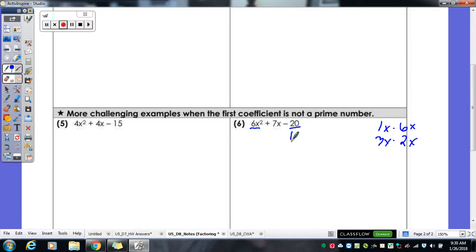And then for the 20, you'd have 1 times 20 or 2 times 10 or 4 times 5. So all those different options, because then you got your plus and your minus signs. You never know where those are going to go. There could be a lot of trials, or you could just end up being lucky and getting it done right away in one step.